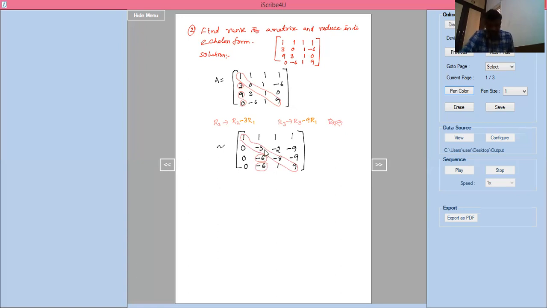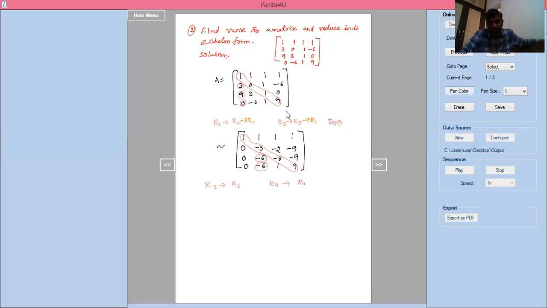So in the R3 row I have to make 0, and in the R4 row also I have to make 0. We use R3 and R4. So what element do we have to subtract? We have to see now.